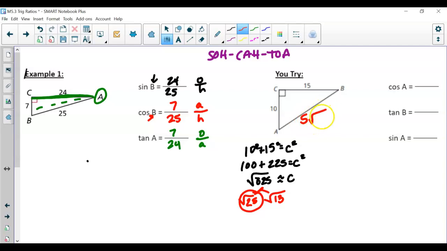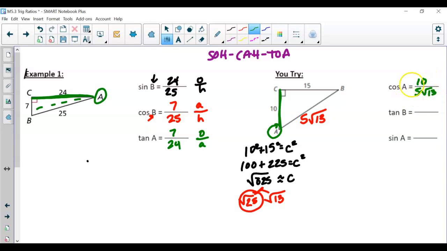So if I wanted to be even more exact and simplified, then that is 5 radical 13. So now here we go. Cosine of A. Cosine is adjacent, so you should have said adjacent, which is 10 to 5 radical 13.